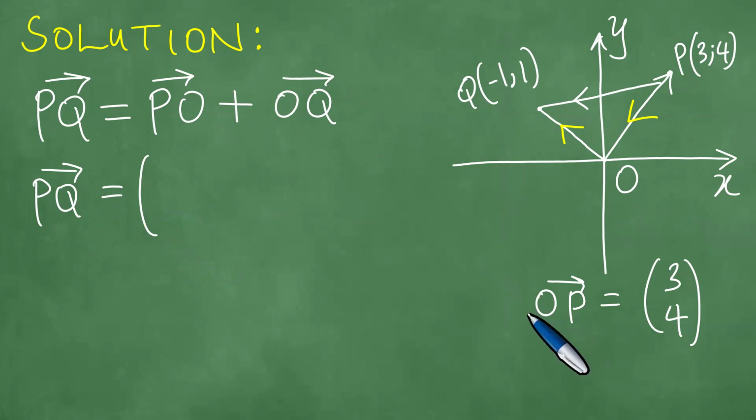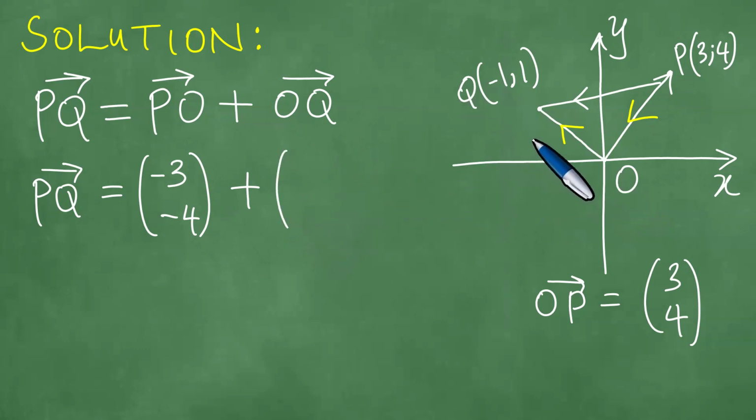Now, we know that OP is (3, 4), which means that PO, the opposite of this vector, is just going to have negative components, (-3, -4), plus the vector OQ. Now, if we look at the vector from O to Q, there are a couple of things.